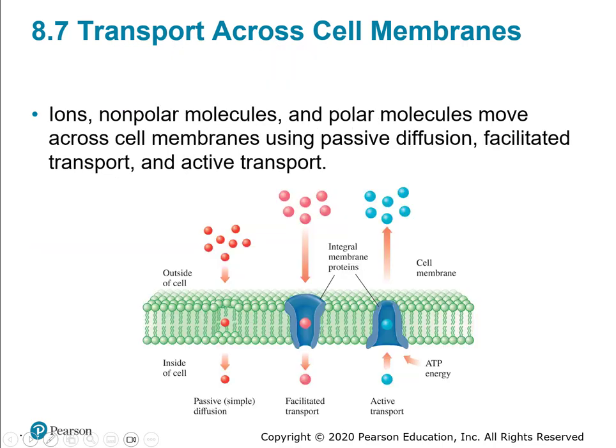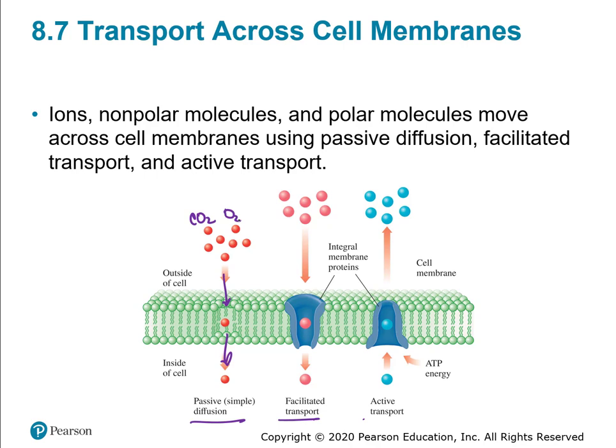So here's their diagram, their image, and I think it's a pretty good one because see how it shows simple diffusion, facilitated diffusion, the difference between them. So in the first one, see how the little red ball just goes right through? And it goes from high concentration to low concentration. So anything like carbon dioxide, oxygen, those would be examples of things that can do this.